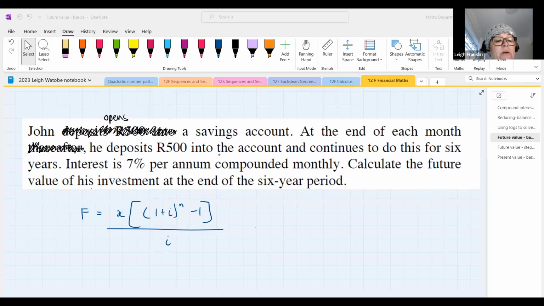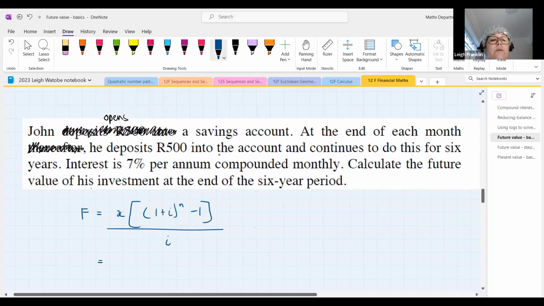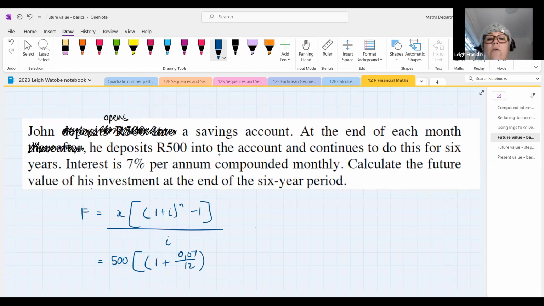That's great. So X was 500 times 1 plus your interest rate, 0.07 over 12. Then here this was to the power of 72, because it was for 6 years.